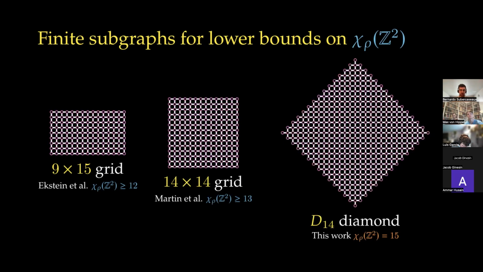And part of the reason for this is that our intuition tells us that, given we're in Manhattan distance, this is the circle in the Manhattan distance, and there's some intuition of why that makes it a better shape to prove lower bounds.